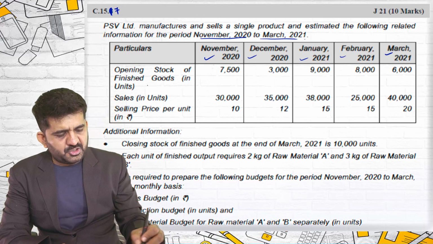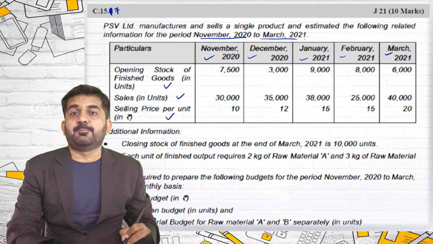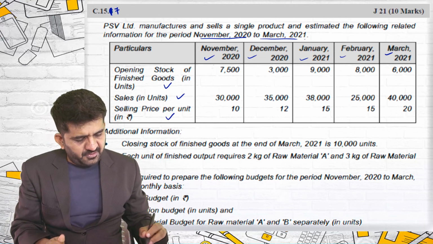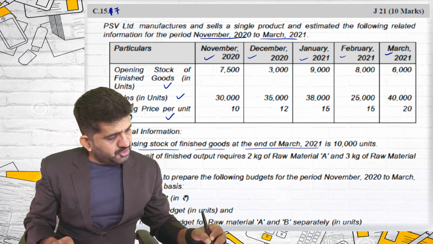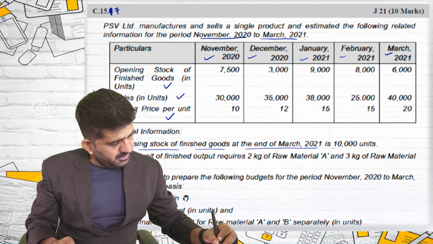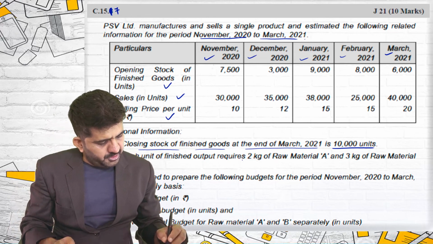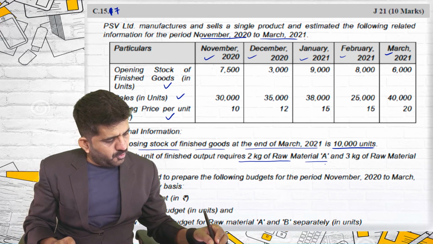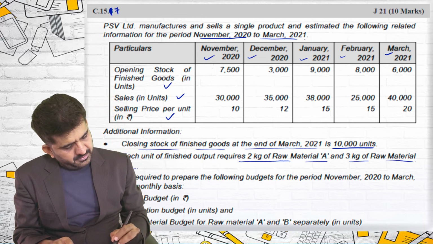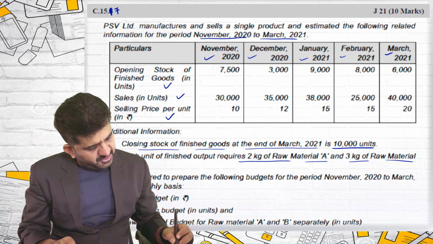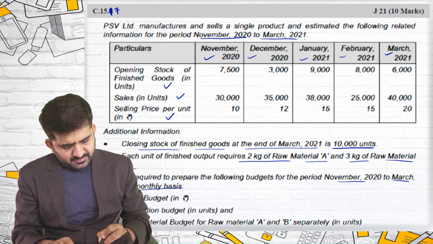Opening stock of finished goods in units, sales in units, selling price per unit, additional information: closing stock of finished goods at the end of March 2021 is 10,000. Each unit of finished output requires 2 kgs of raw material A and 3 kgs of raw material B. You are required to prepare the following budget for the period of November to March on a monthly basis.